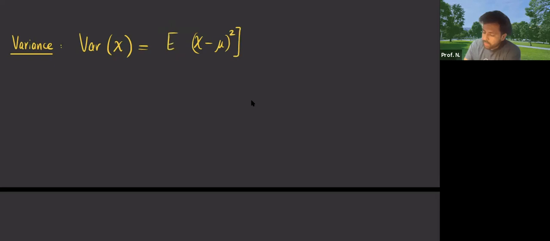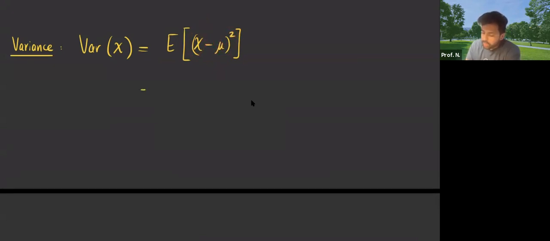It's the expected value of the square of the difference between the random variable and its expected value, its mean. That's what the variance is. You understand? So the variance is an expected value of this new random variable, the random variable you're initially speaking of minus its expected value, squared.